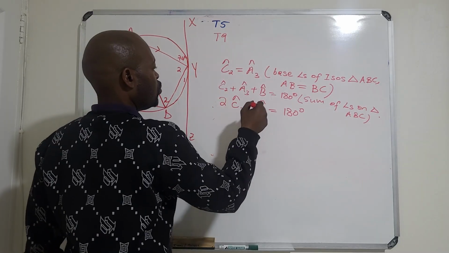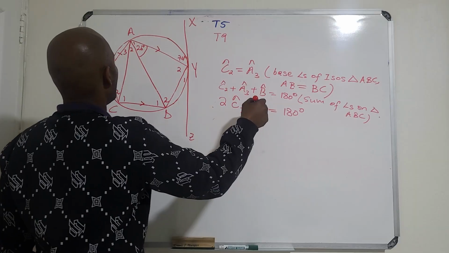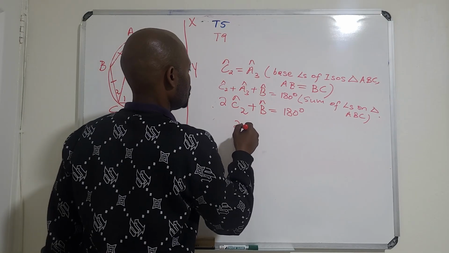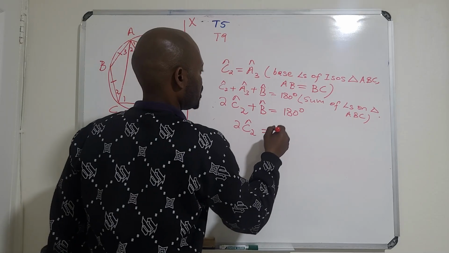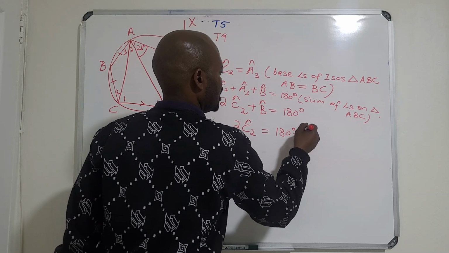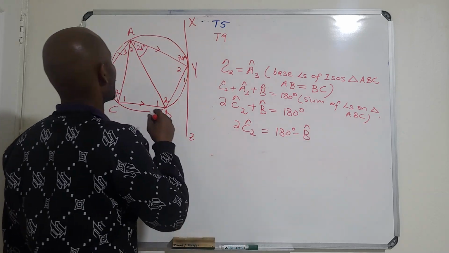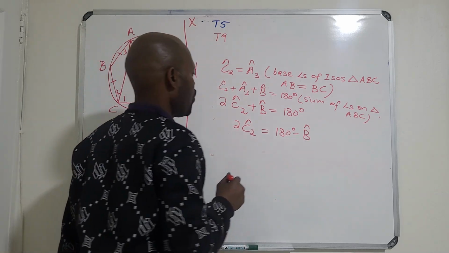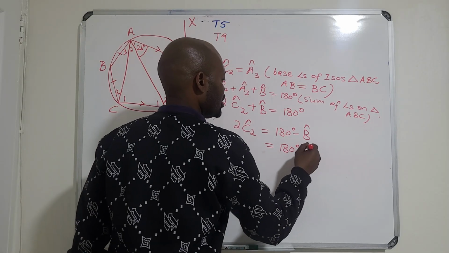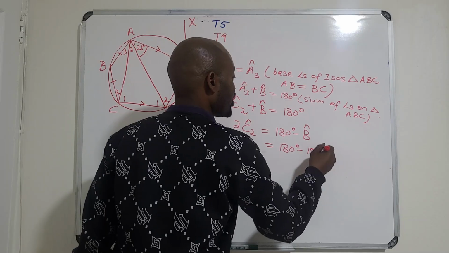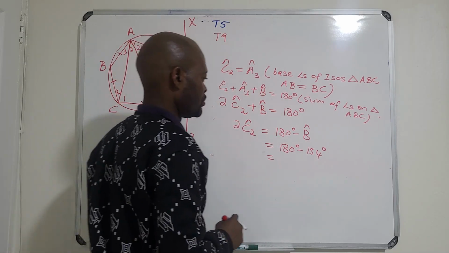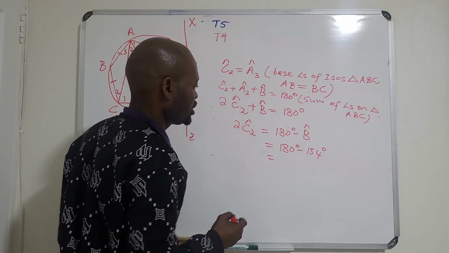Now, we know 2 angle C2 is equal to 180 degrees minus angle B, and we got angle B to be 154. Therefore, this is 180 minus 154. We got it in the previous calculations.